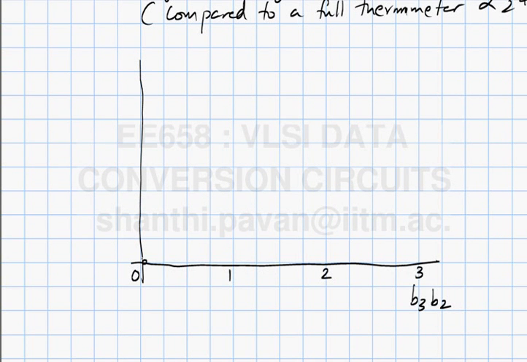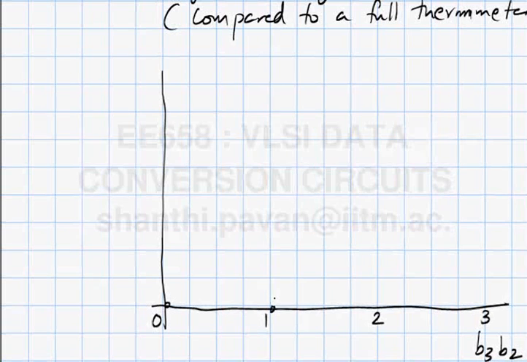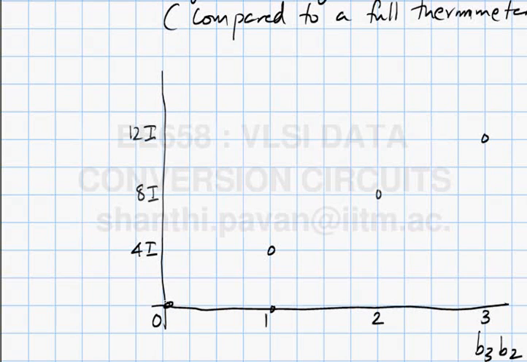Please note this is a thermometer, so it goes from 0 to 4I, 8I and 12I. Do you see here that to generate this step, are we subtracting two large numbers? Now how will you realize this MSB DAC?